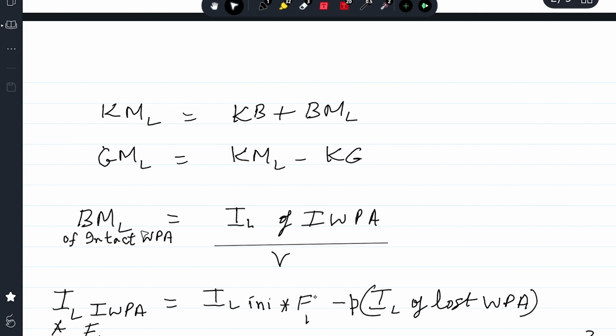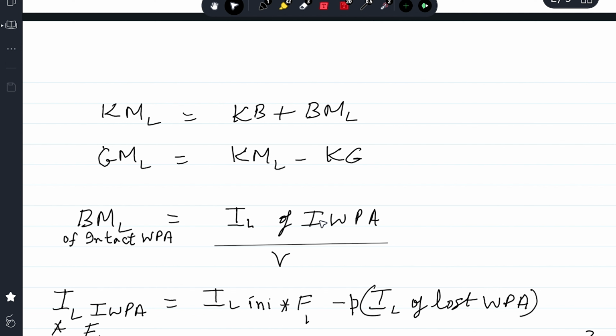So BML of the intact water plane area will be IL, which is moment of inertia of the water plane area, longitudinal moment of inertia of the water plane area about the axis passing through the new center of rotation, which is F1, because F1 is the center of rotation of the intact water plane area, divided by the underwater volume, which is still the same.